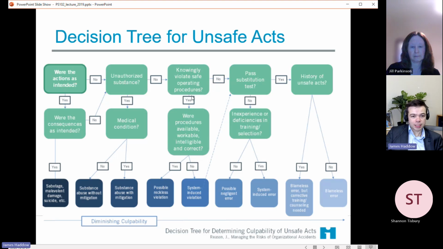Are they violating safe operating procedures because they just don't want to do it, or is it because they don't quite understand what they should be doing? Is it something that they're trying to do the safe act, but actually the system itself prevents them from doing something safe? So there's everything in between, and that kind of helps you understand that culpability is a big sliding scale.